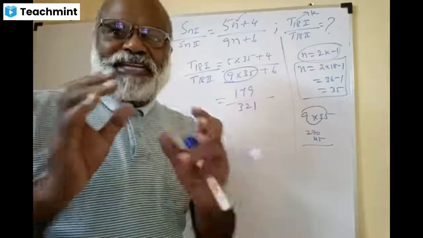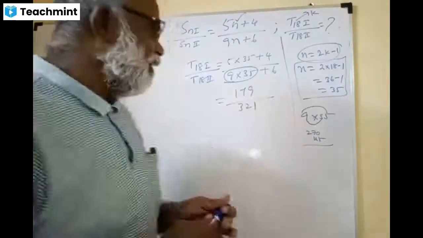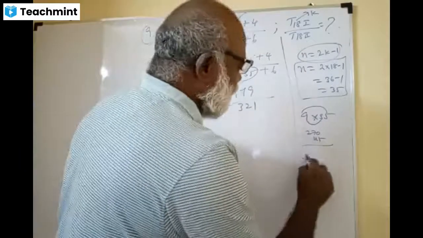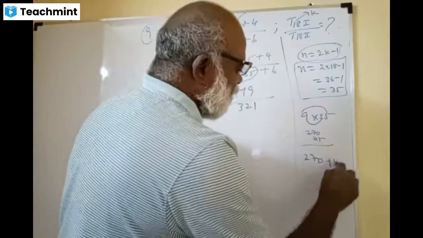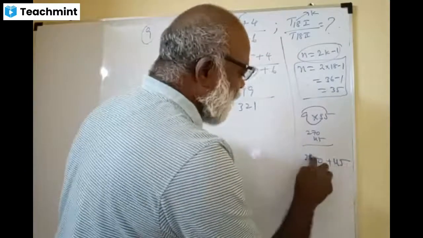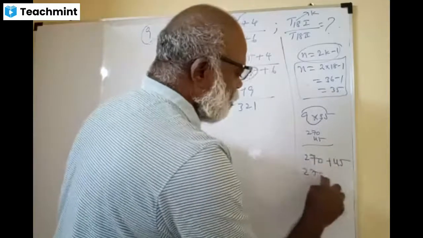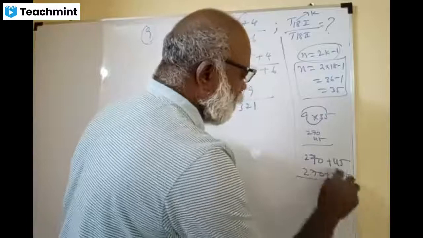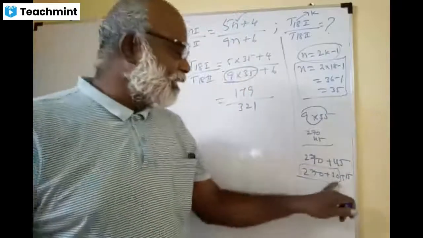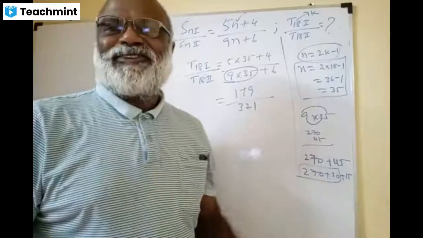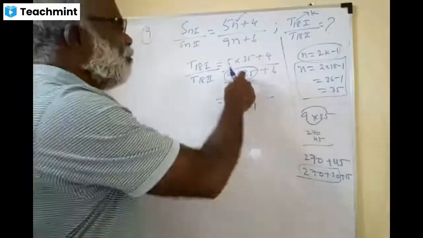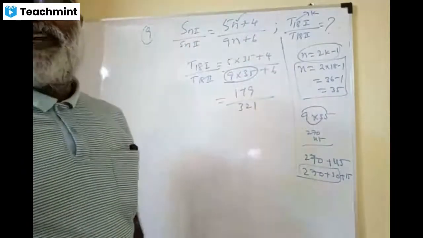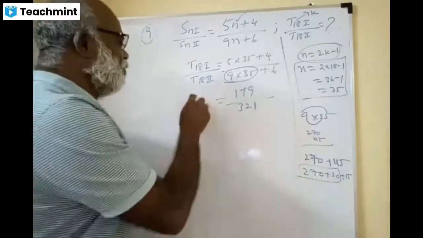I can't add 270 and 45 directly because carry nonsense will come, so 270 plus 30 plus 15. 270 plus 30 is 300. 300 plus 15 is 315. 315 plus 6 is 321. What a way to do this.